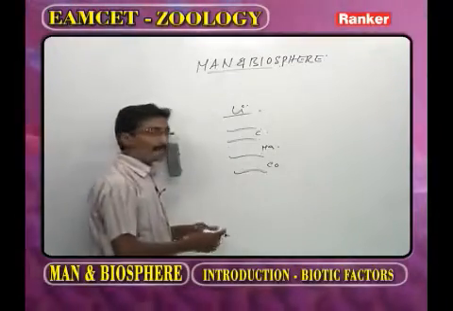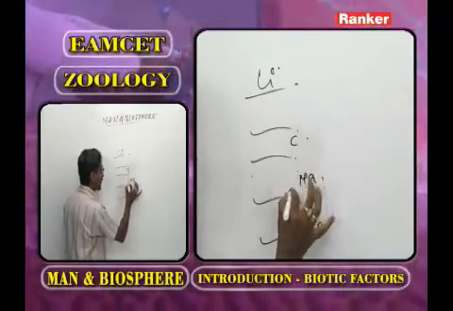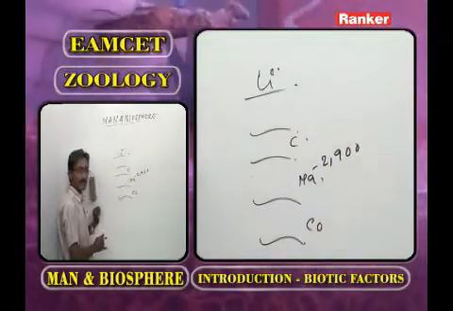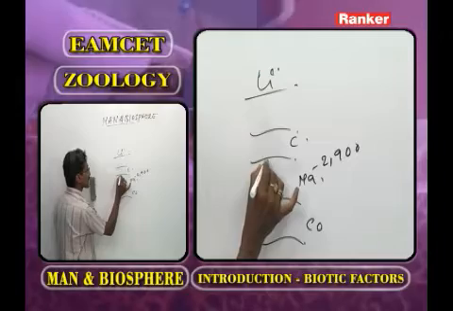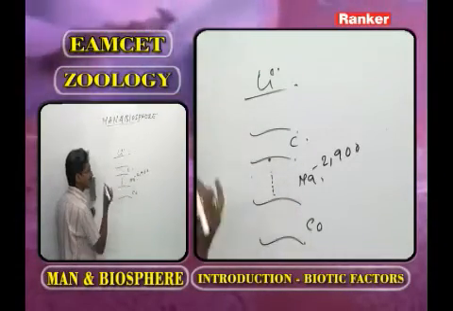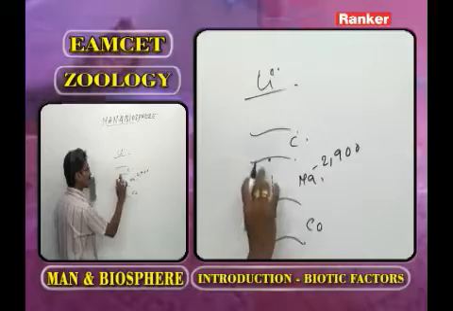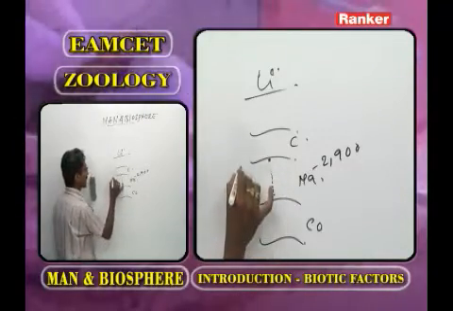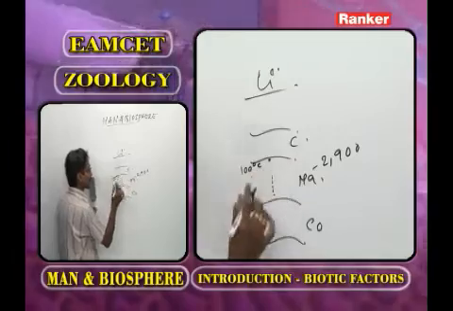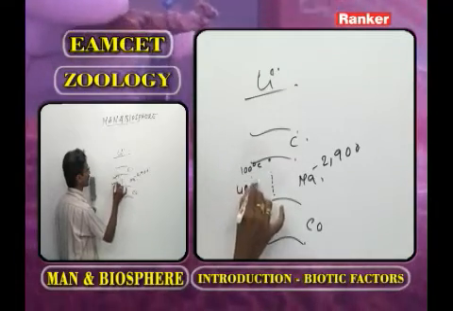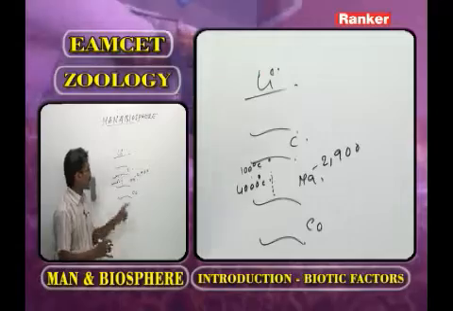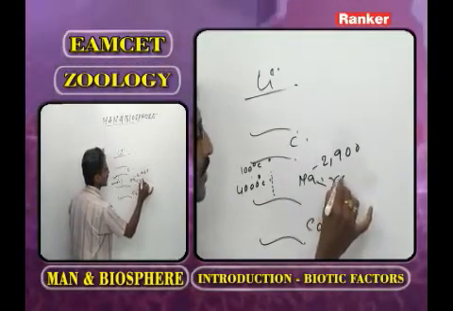As we observe the mantle, what is its thickness? That is 2900 kilometers. This is the outer part of the mantle and this is the inner part. In the outer part of the mantle, what is the temperature? 100 degrees centigrade. In the inner part of the mantle, what is the temperature? 4000 degrees centigrade. The mantle is in the form of rocks.